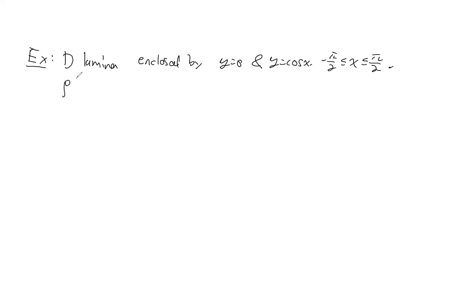And our density function rho is just y. Once again, we want to draw this figure, and the problem, of course, is to find the mass and the center of mass. So the first thing I'm going to do is try drawing this thing to figure out what it looks like. In this case, we've got a cosine curve.